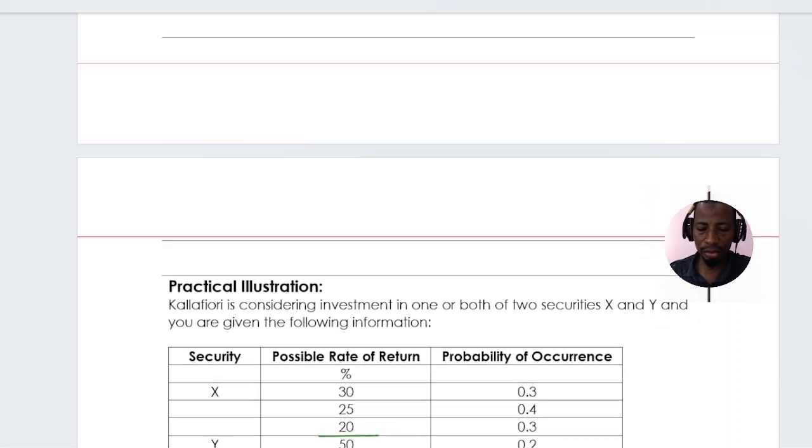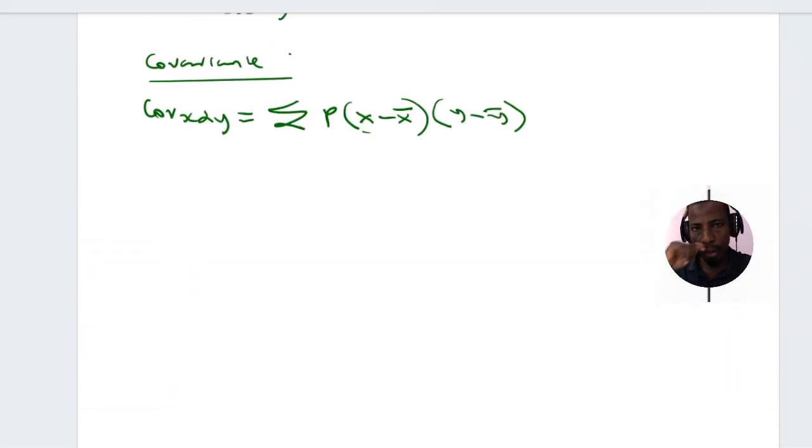Then I said I will show you how to convert where you are given the return in naira, or in value, instead of percentage, because at all times your return should be given in percentage.